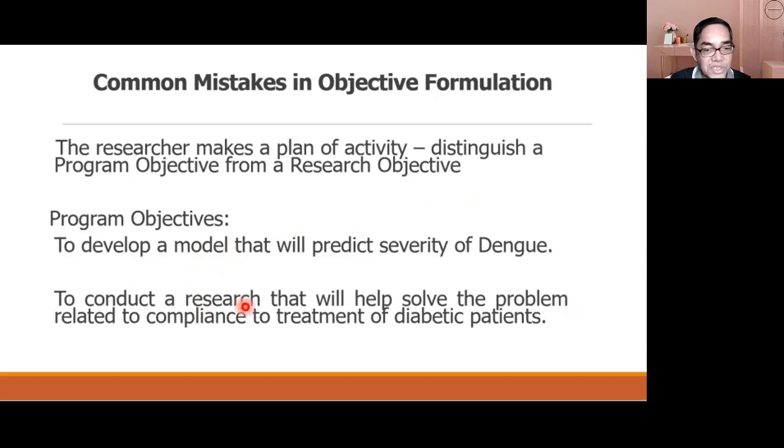To conduct a research that will help solve the problem related to compliance to treatment of diabetic patients. To conduct a research, well, that's a program objective. Or to educate the community in the importance of following health protocols to stop COVID-19 transmission. So to educate is a program objective. That is not a research objective.